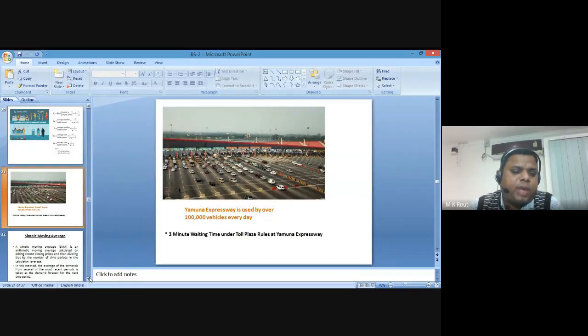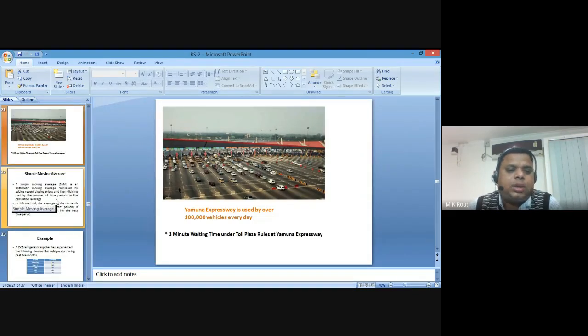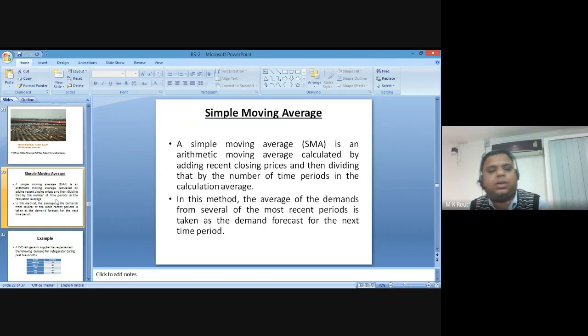Then moving to the next part. This is another method, known as the simple moving average method. These methods are basically used for forecasting various types of demand, whether marketing or sales demand. The definition of simple moving average: it is an arithmetic moving average calculated by adding recent closing prices, then dividing by the number of time periods in the calculation average.